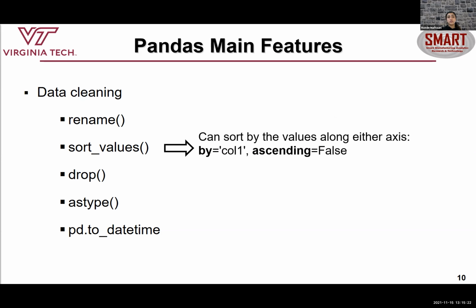Another thing you want to do is sort the values so that they give you a better picture and in more order. You can sort by a specific column, or you can sort by rows, and these are all the parameters that you can specify.